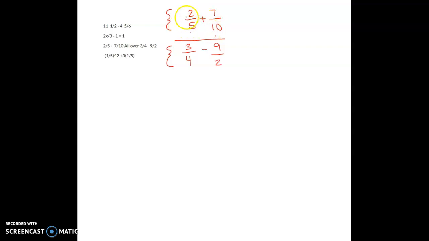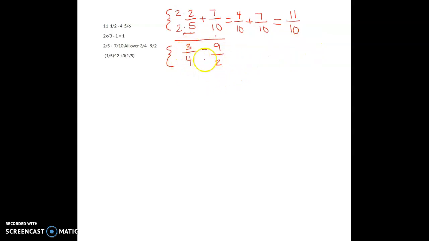So I'm going to make this first one into 10. So I times by 2, times by 2, and I end up with 4/10. Now 4/10 plus 7/10 becomes 11/10. When I'm adding fractions, I add the numerators and keep the denominator the same.